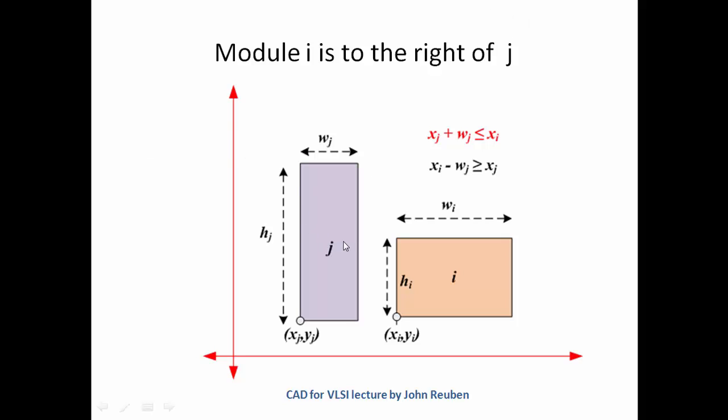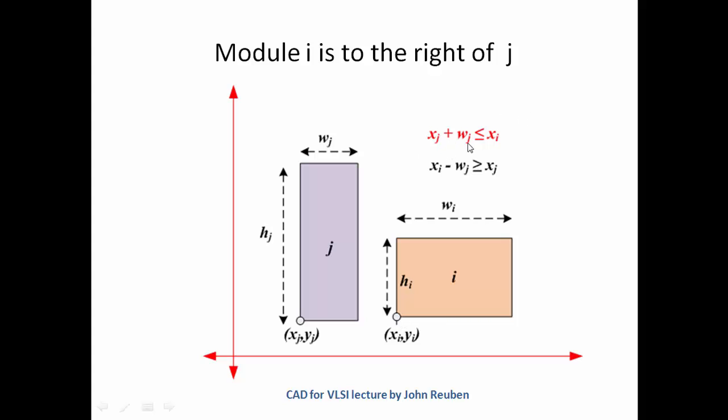So we saw i is to the left of j, and the other case, and this third case, module i is to the right of j. So again we have the same things holding true. We can write in this way that xj plus the width of module j must be lesser than xi, right?